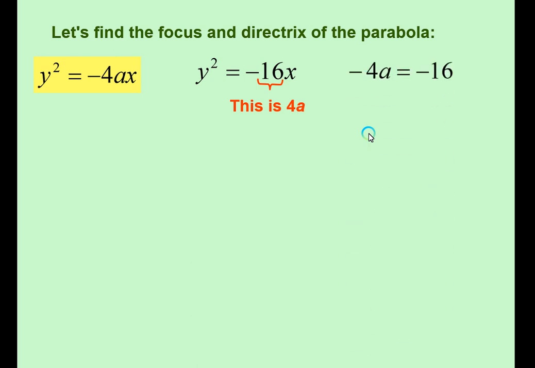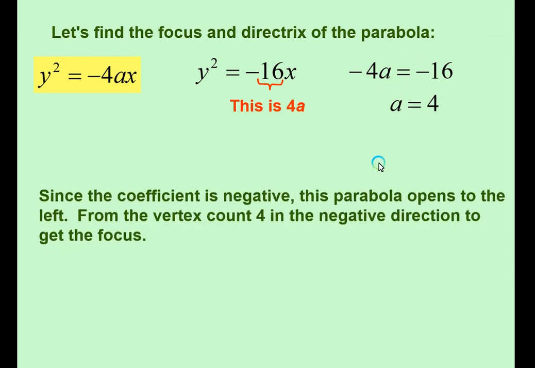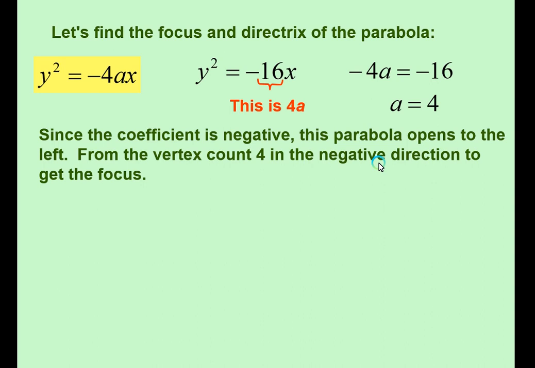In order for us to find the value of a, we have to divide both sides by negative 4, giving us the value of a is equal to 4. Since the coefficient is negative, this parabola opens to the left. From the vertex, we have to count 4 units in the negative direction to get the focus.